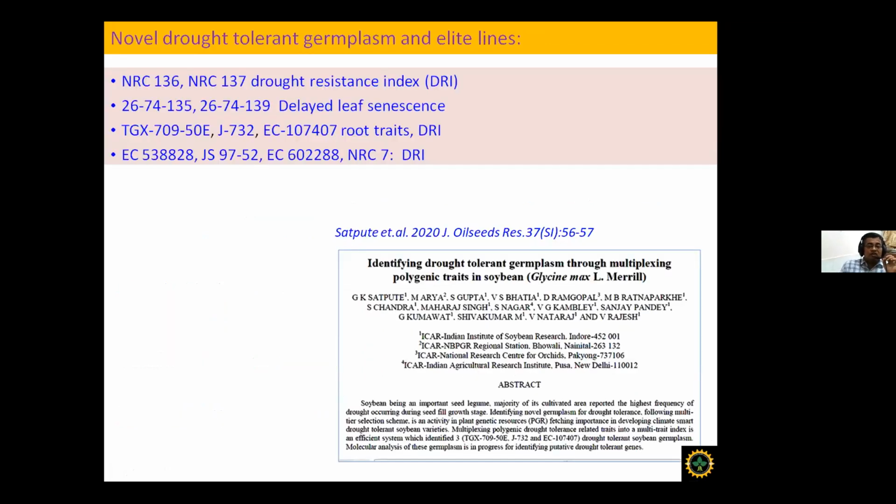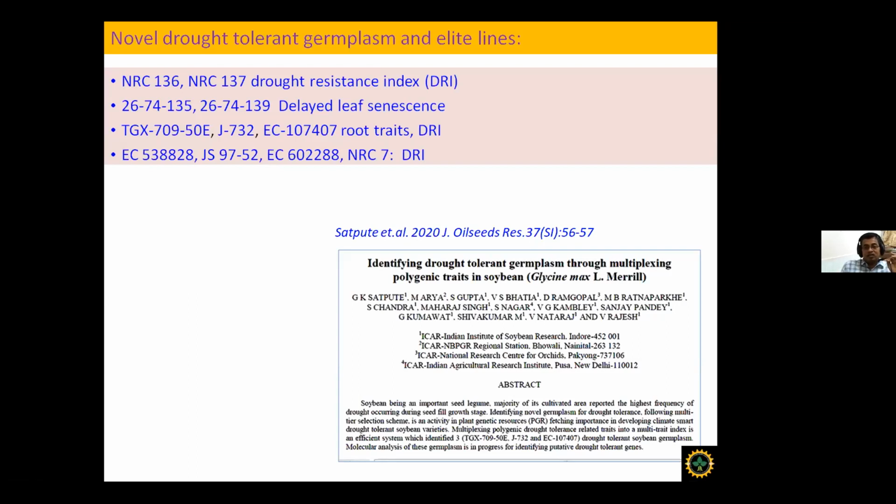With this, novel drought-tolerant germplasm and elite lines like NRC 136 and NRC 137 have been selected for the drought resistance index. Out of so many traits, trait-specific germplasm can also be selected.